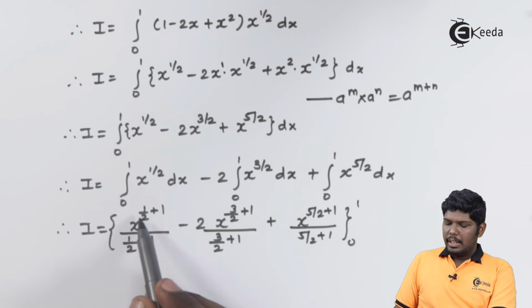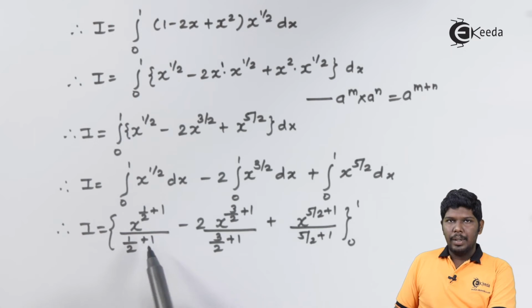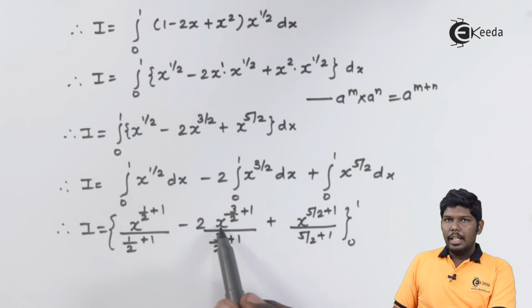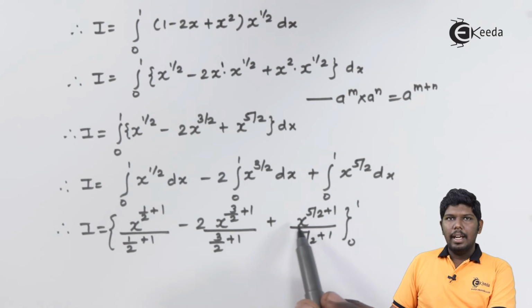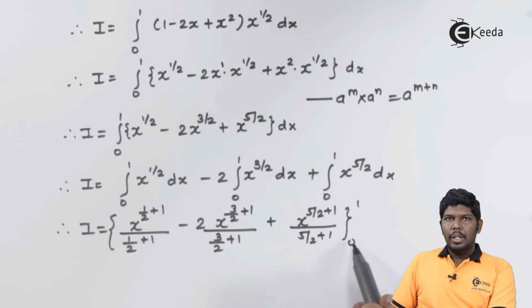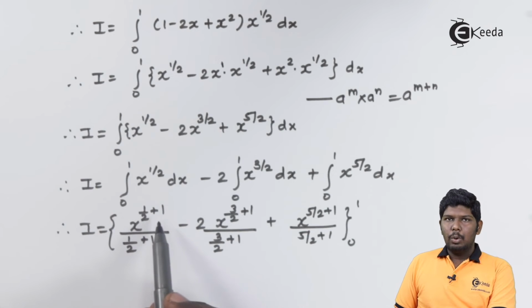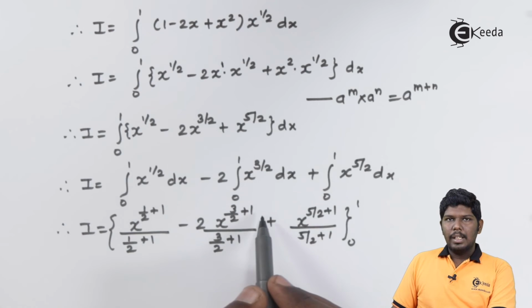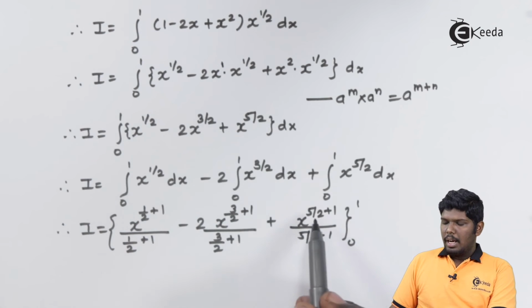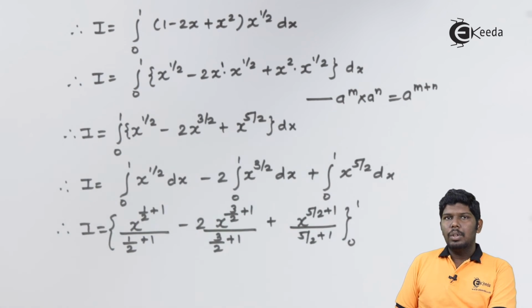So we have x raised to half plus 1 upon half plus 1 minus 2 x raised to 3 by 2 plus 1 upon 3 by 2 plus 1 plus x raised to 5 by 2 plus 1 upon 5 by 2 plus 1 within limits 0 to 1. Here half plus 1 will give you 3 by 2, 3 by 2 plus 1 will give you 5 by 2, and 5 by 2 plus 1 will give you 7 by 2.